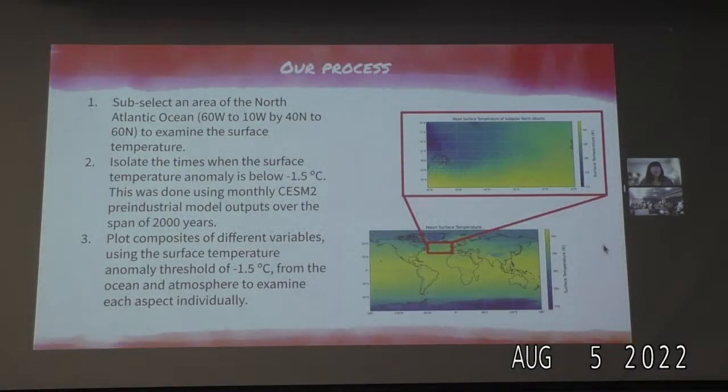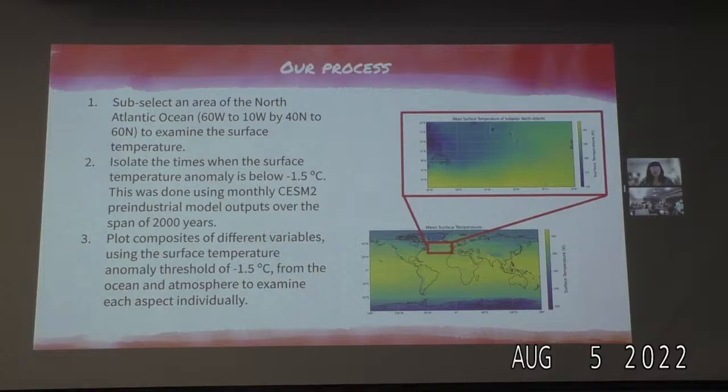So first we wanted to select the area where these cold anomalies were occurring. So we took a weighted mean of the global temperatures, zoomed in on this one specific area, and then, of that area for a span of 2,000 years of pre-industrial control, we wanted to find when this specific area fell below a negative 1.5 degrees cold anomaly.